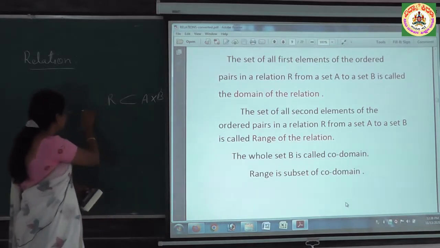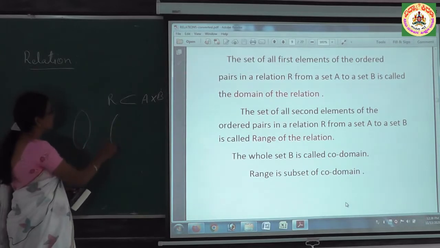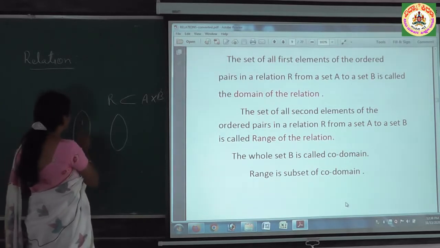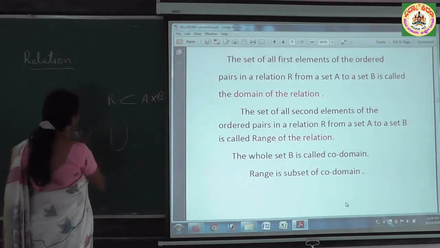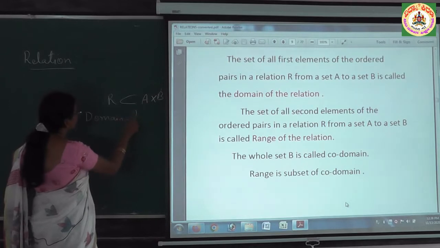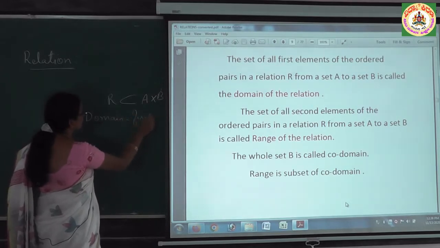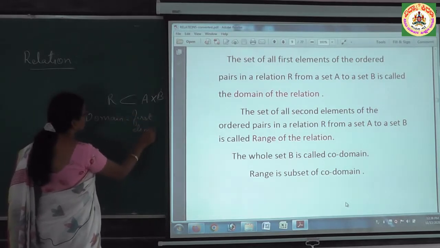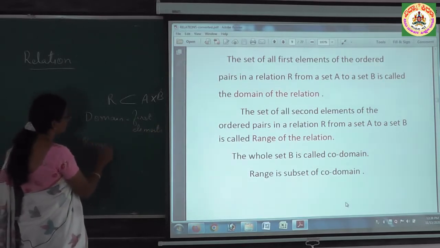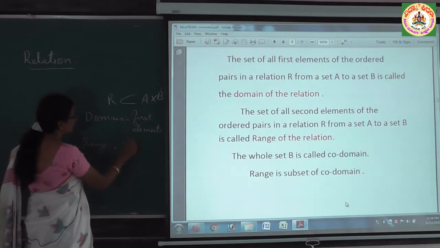Here domain is equal to first elements, and range is equal to second elements.